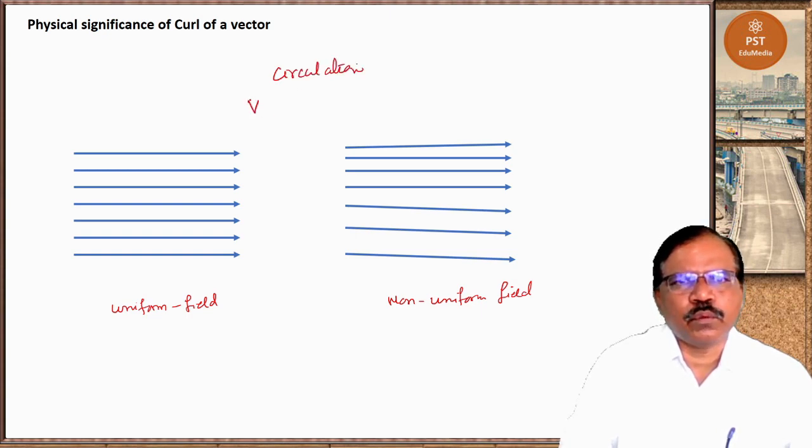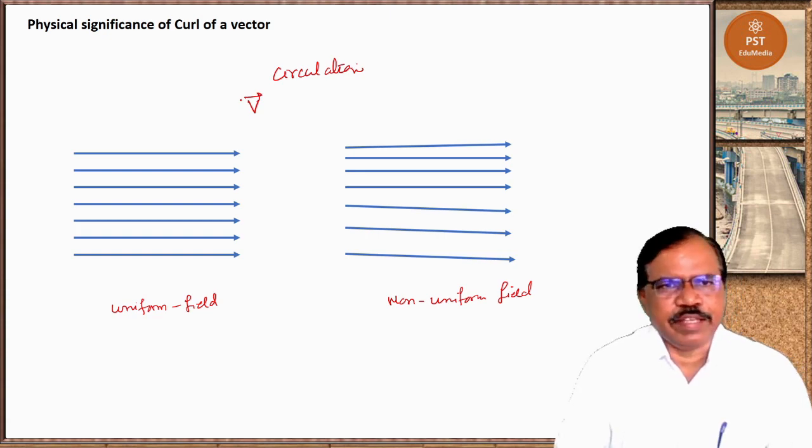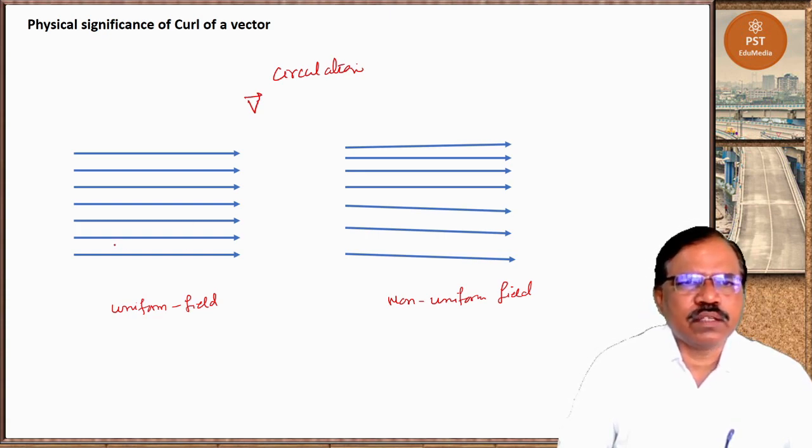So suppose the vector field is denoted by V, and suppose we take here a closed path. So here suppose we go from A to B, then B to C, then C to D, and D to A. So here we are going along this closed path.